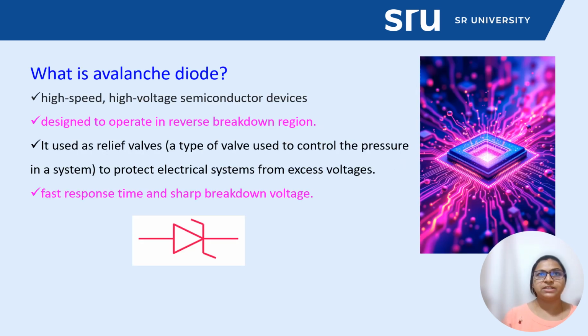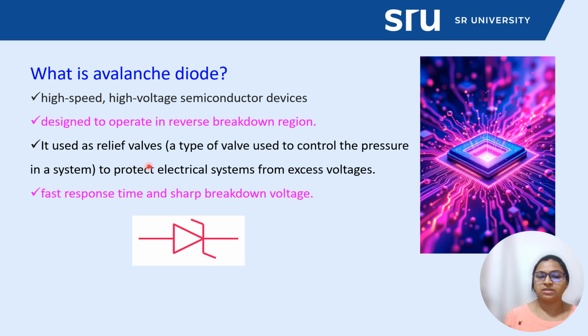So the avalanche diode is basically a special type of semiconductor device designed to operate in the reverse breakdown region. Avalanche diodes are used basically like a relief valve, a type of valve used to control the pressure in a system, to protect the electrical system from excess voltage. The key point is that it is a high speed, high voltage semiconductor device designed to operate in the reverse breakdown region.